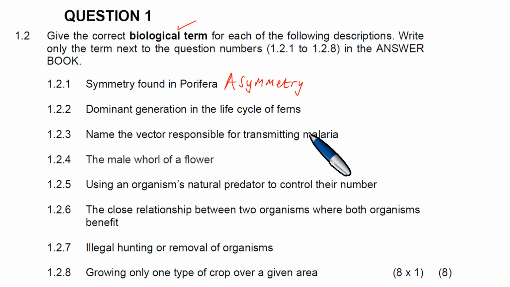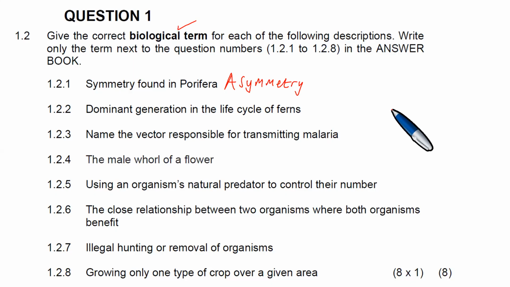We must be able to define terms in life sciences, so we say the dominant generation in the life cycle of ferns is called what? These are very easy definitions and I'm yet to spend more time on them.